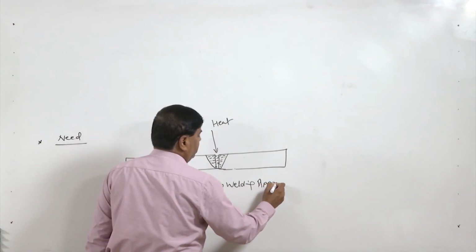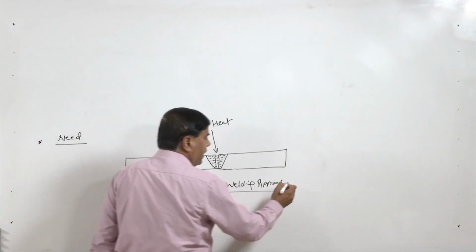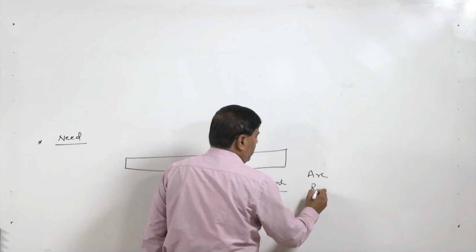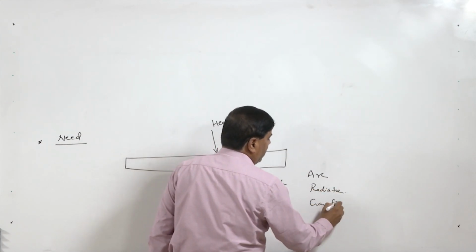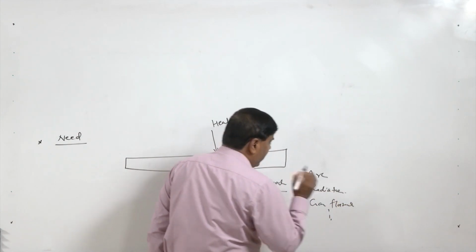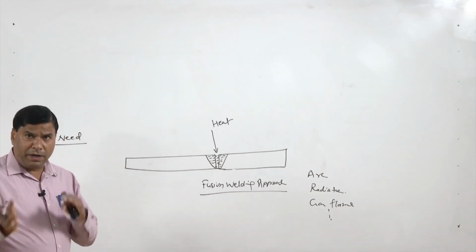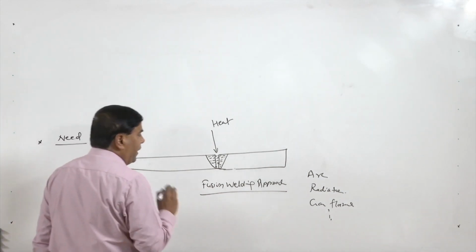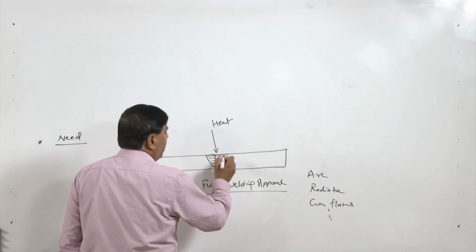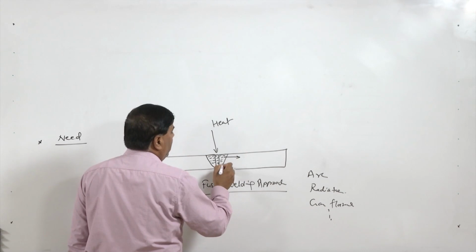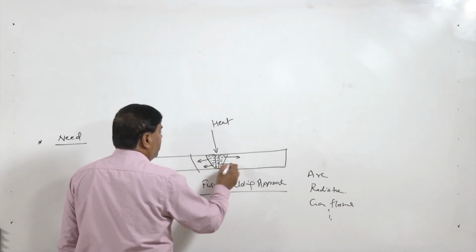In this approach, basically heat can be applied either through arc, through radiations, or through gas flame. There can be different sources likewise, but since the amount of the heat which is required to be supplied in this process is too high, it results in various issues like the heat flow into the underlying base metal develops a lot of heat affected zone.